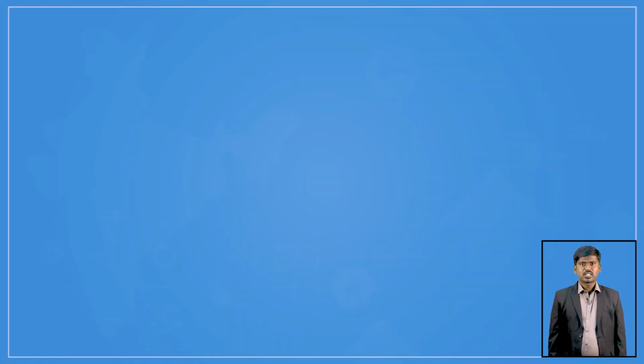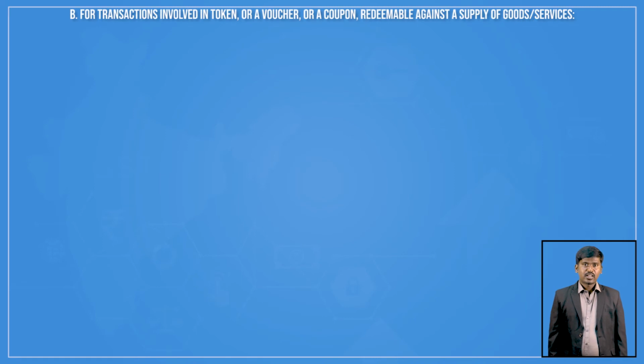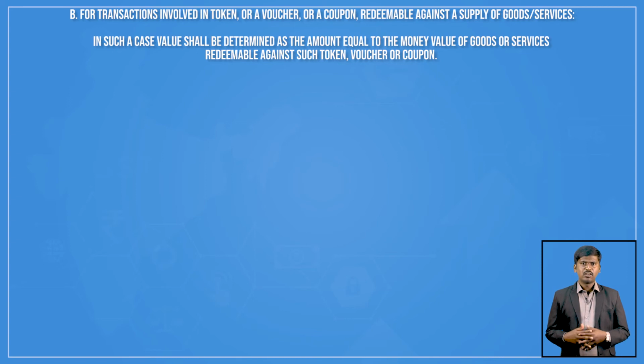Let us focus on the second situation: transactions involving a token or a voucher or a coupon redeemable against a supply of goods or services. In such a case, value shall be determined as the amount equal to the money value of goods or services redeemable against such token, voucher or coupon.